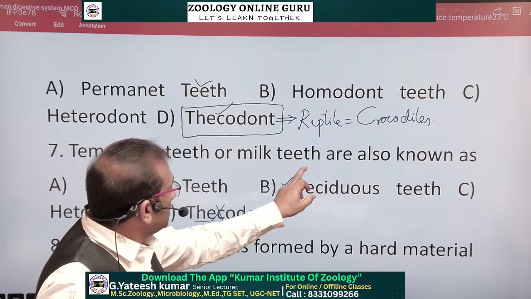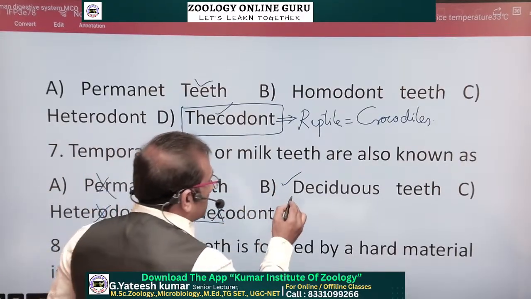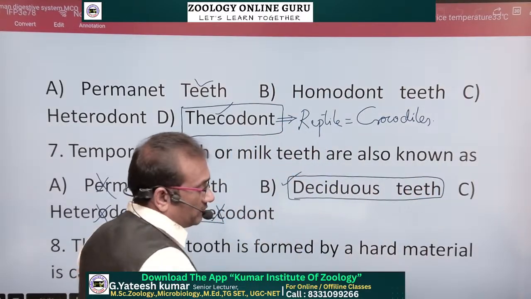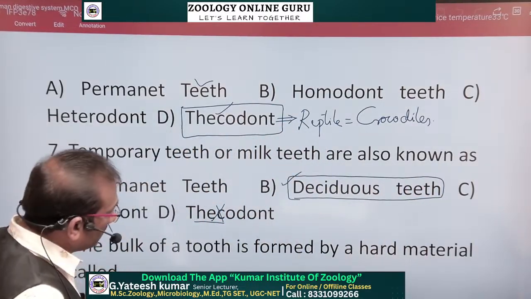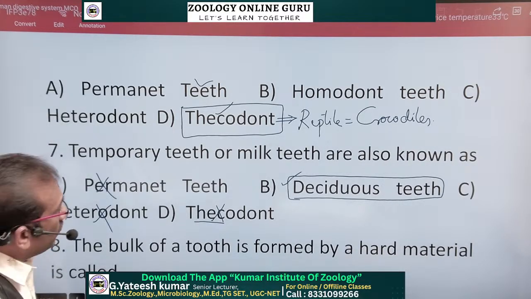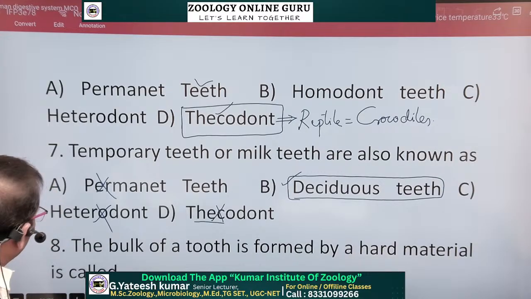The answer is deciduous teeth. Deciduous means removable. Removable teeth are called deciduous teeth.